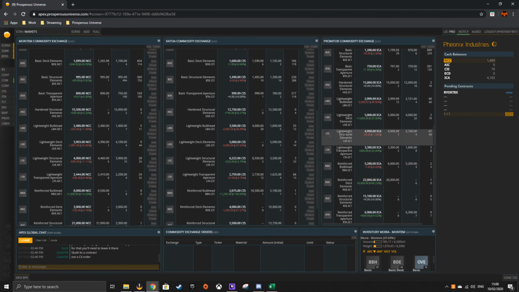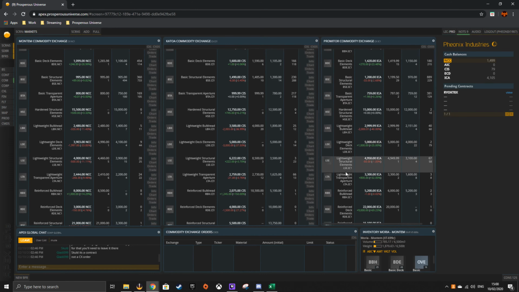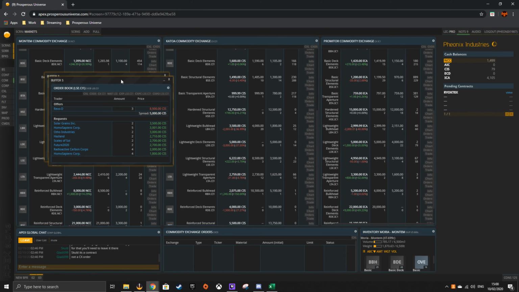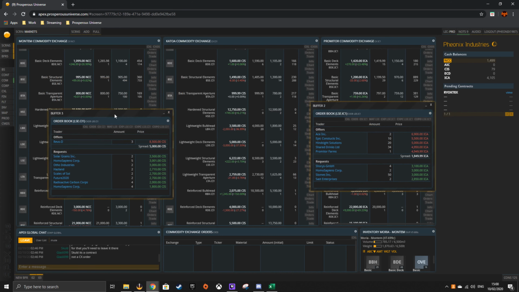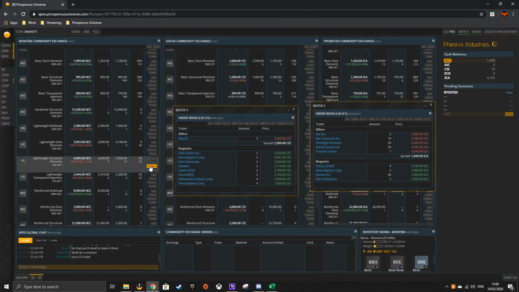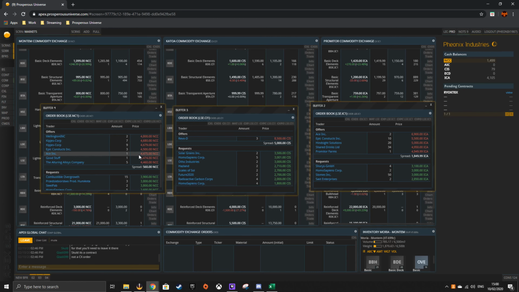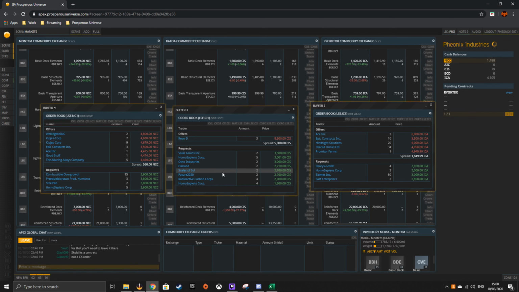And there we go. So what I would probably be tempted to do is just open up the order book for each one, and just confirm the amount of supply and demand on them, and make sure that those prices will still be profitable. Let's just look at that there.